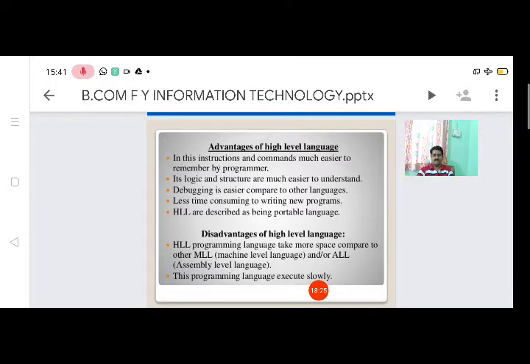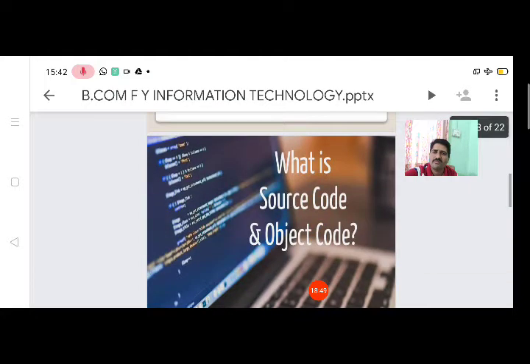Then second, the object code generated by a translator might be inefficient compared to an equivalent assembly program. These are some disadvantages of high level language.